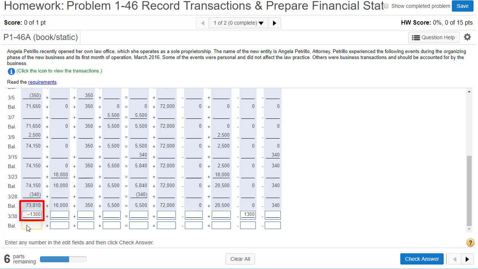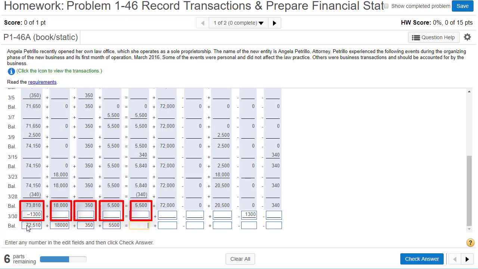Next, we bring down the totals, but the instructions say we do enter zeros on the total row if an account has a zero balance. So cash looks like we've got 72,510, 18,000 of accounts receivable, 350 of office supplies, $5,500 of computers.